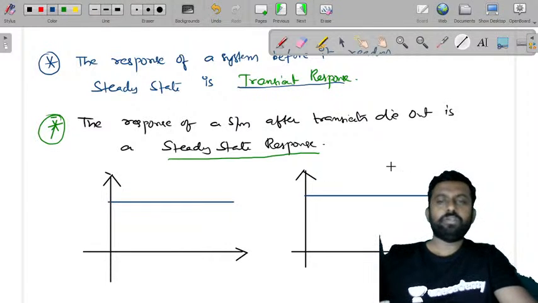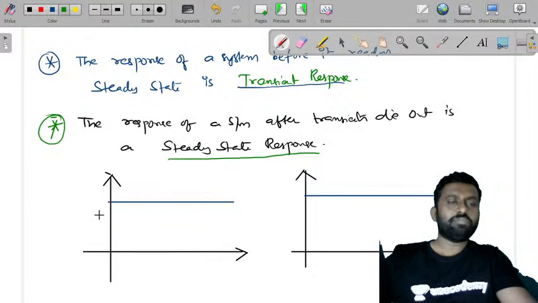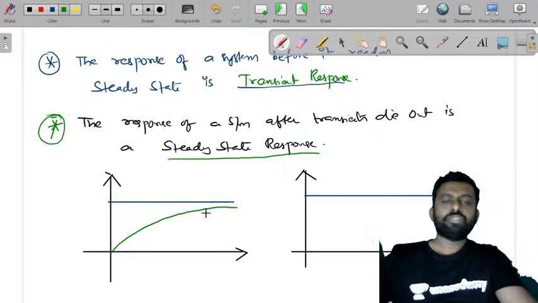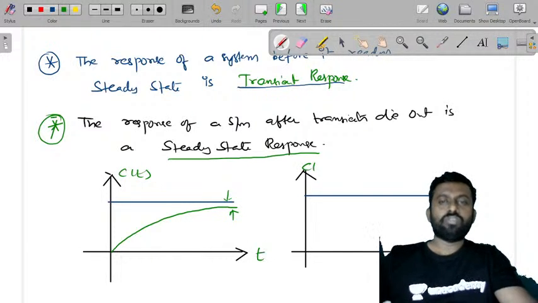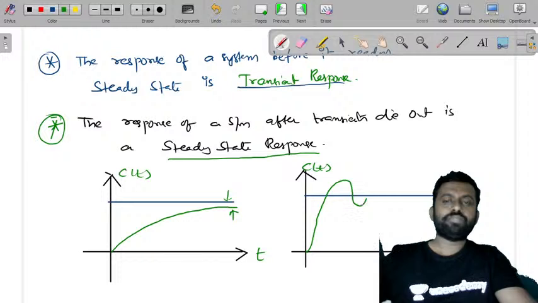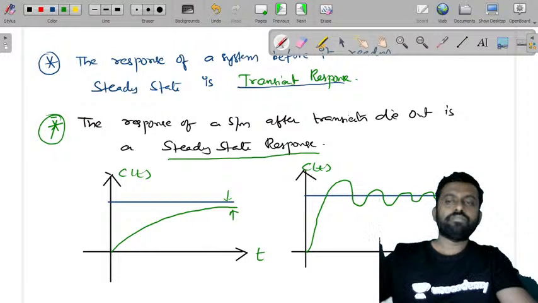Let's say this is the input, and for this, if I get something like this, it is an exponential response. This is the desired one, this is the actual output. So this is c of t versus t, or this is also c of t versus t. Now you can also get something like this, an underdamped system. This can also be the response.